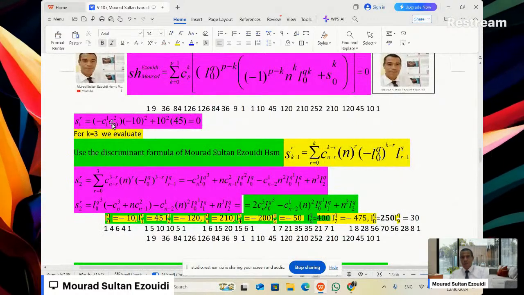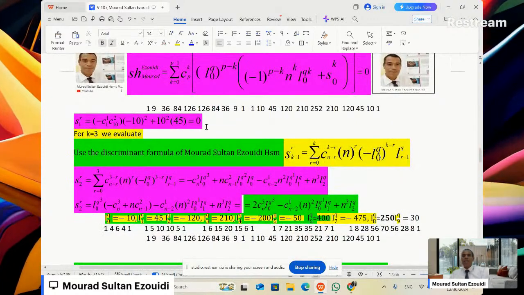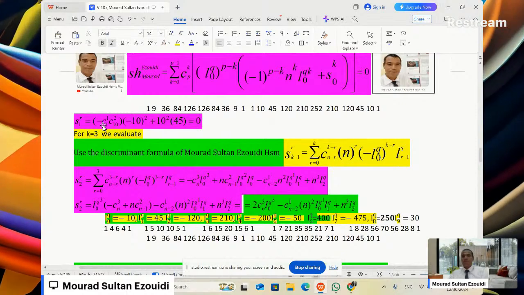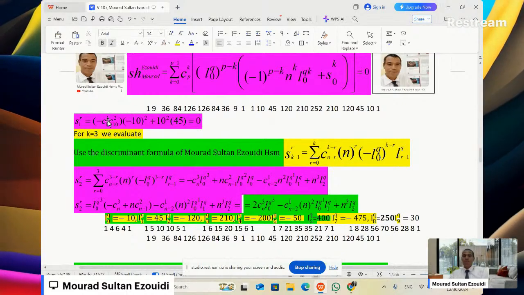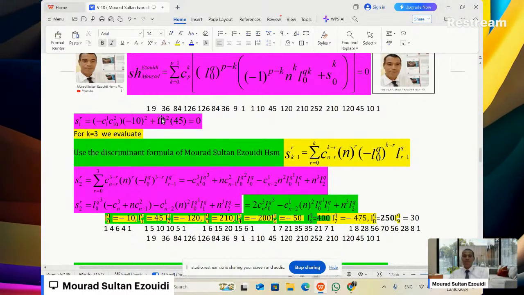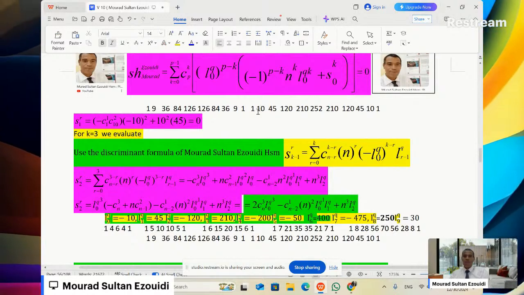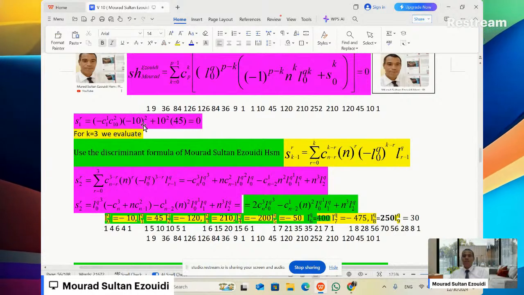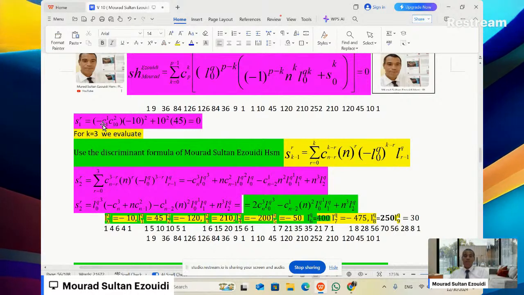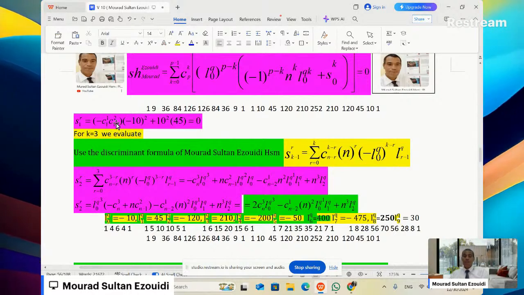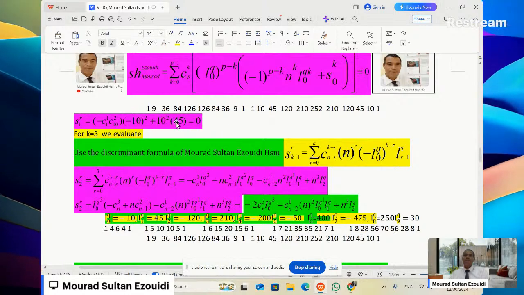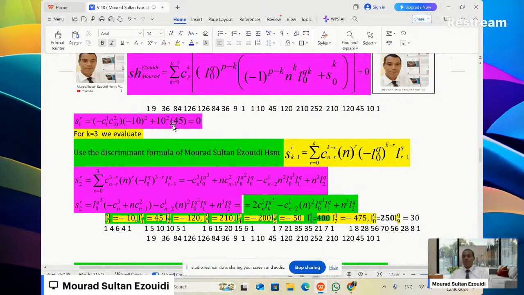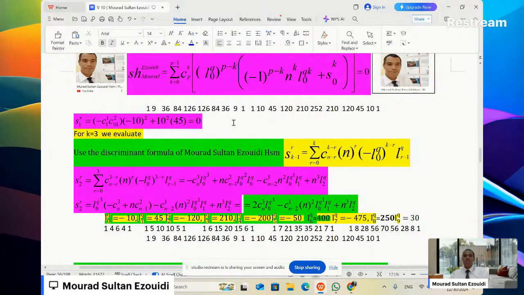Yes, it will be equal to 0, simply because combination 1 choose 1 times combination 10 choose 2 is 45, times n squared is 4,500. Of course, there is a negative sign, which means minus 4,500, plus 100 times 45, which means plus 4,500. So this one is equal to 0.